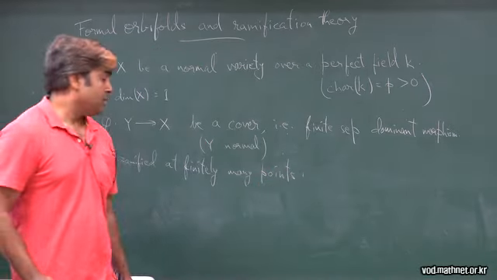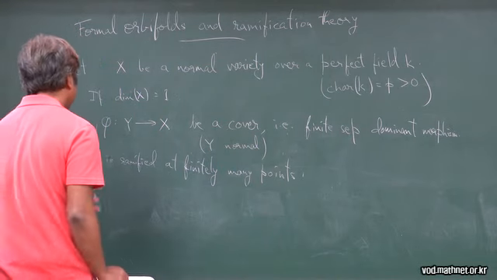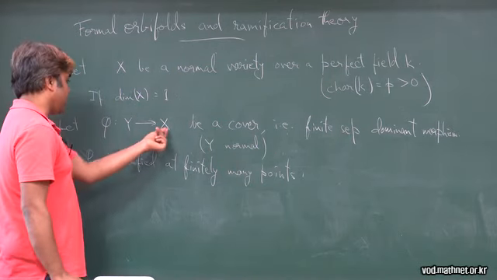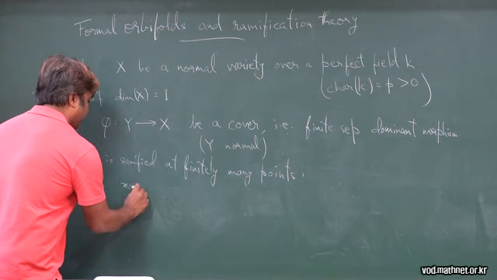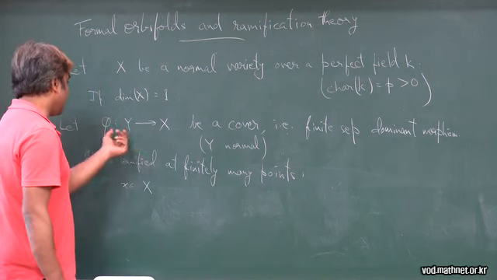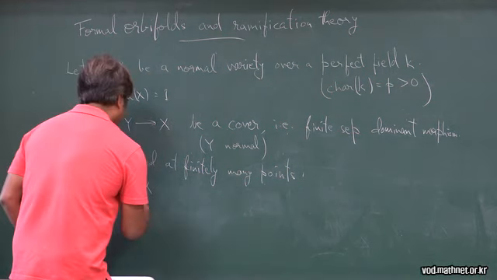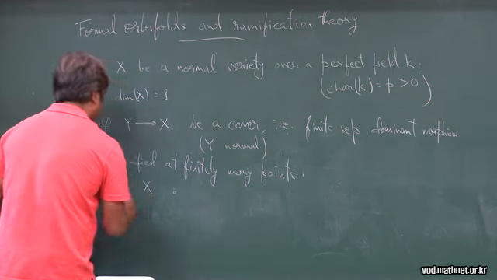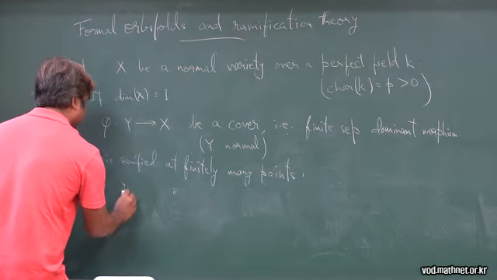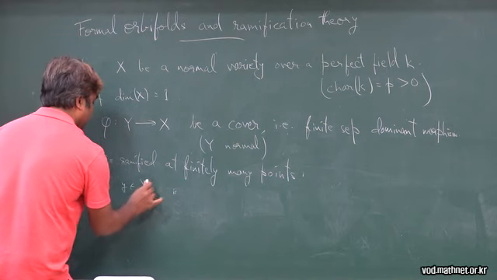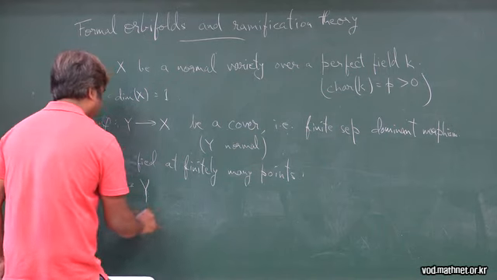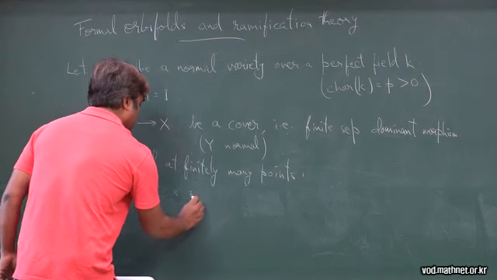One can understand the local picture: say little y in Y is ramified and its image, which is a branch point, is ramified.